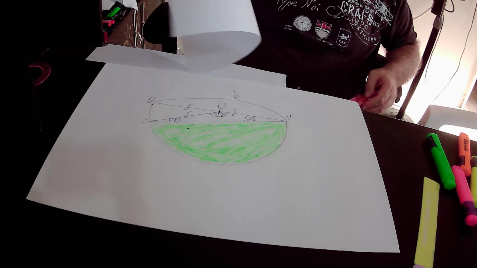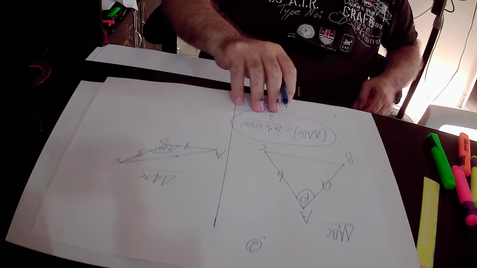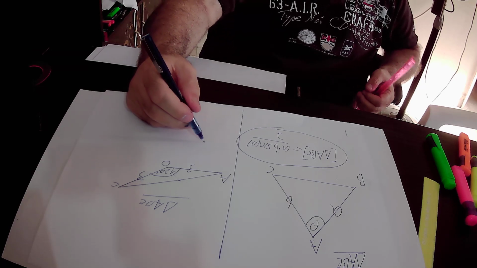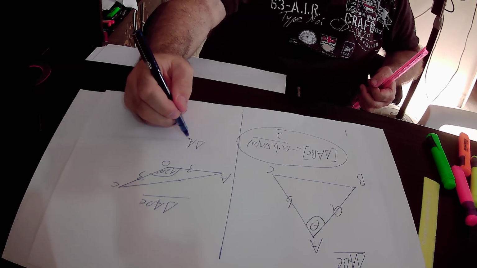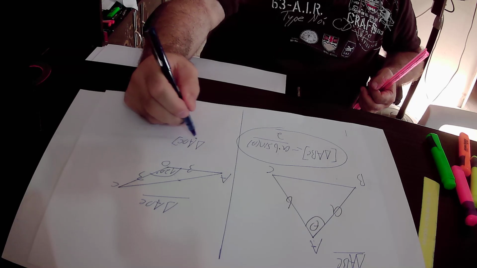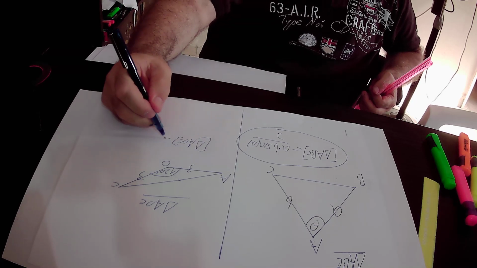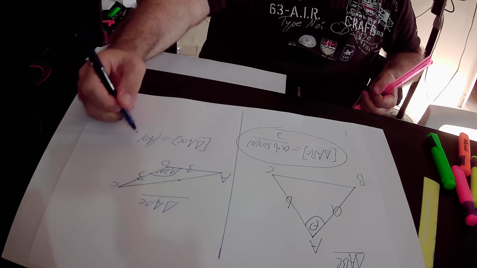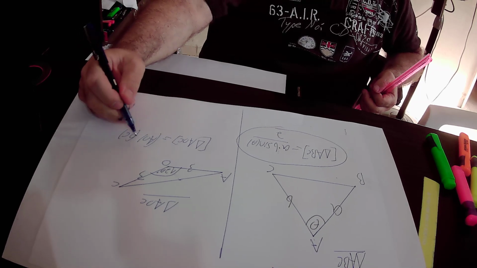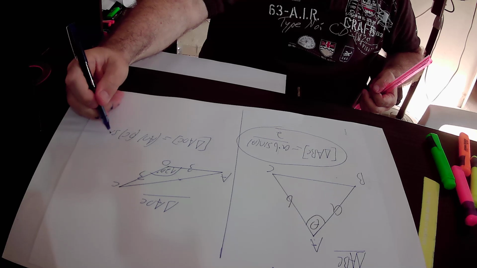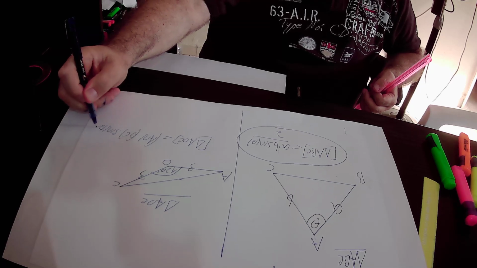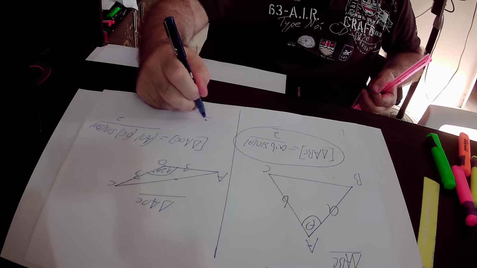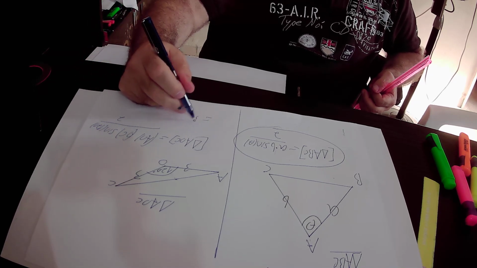So this is triangle AOC that I copied from the original drawing. According to the new formula, the area of this triangle AOC will be equal to AO times OC times sine 120 degrees over 2. AO is 3.